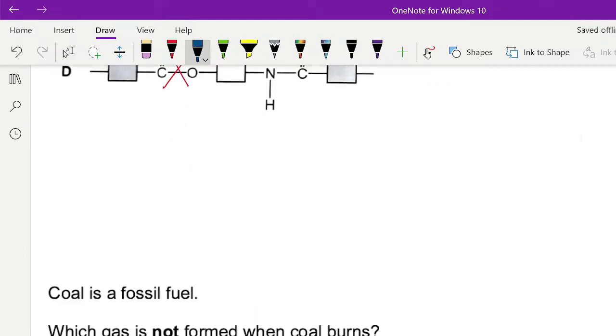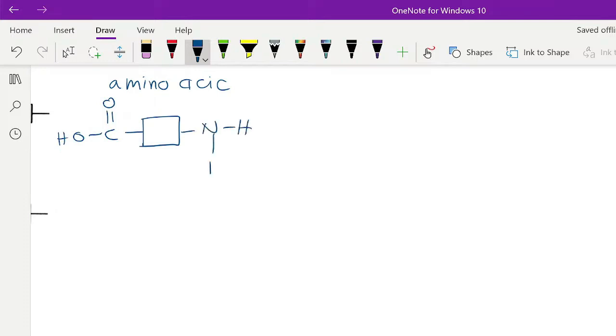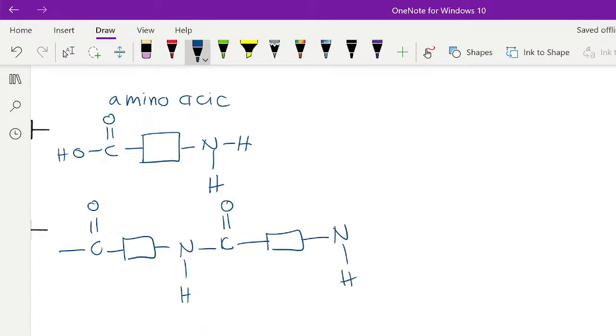Now, what's the difference between nylon and protein? Both of them have amide linkage, but this is the difference. Protein is made of amino acids. One molecule of amino acid contains 2 functional groups, carboxylic acid and amine. So the simplified structure of protein looks like this. N, H, and then here we have C double bond O, N, H, like that.